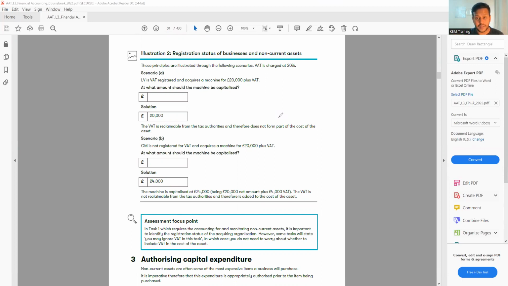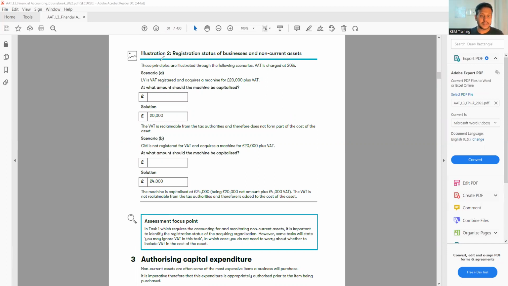If you pay any VAT to the supplier when you buy something, you can claim it back. But if you are a non-VAT registered business, you will not be able to claim it back.